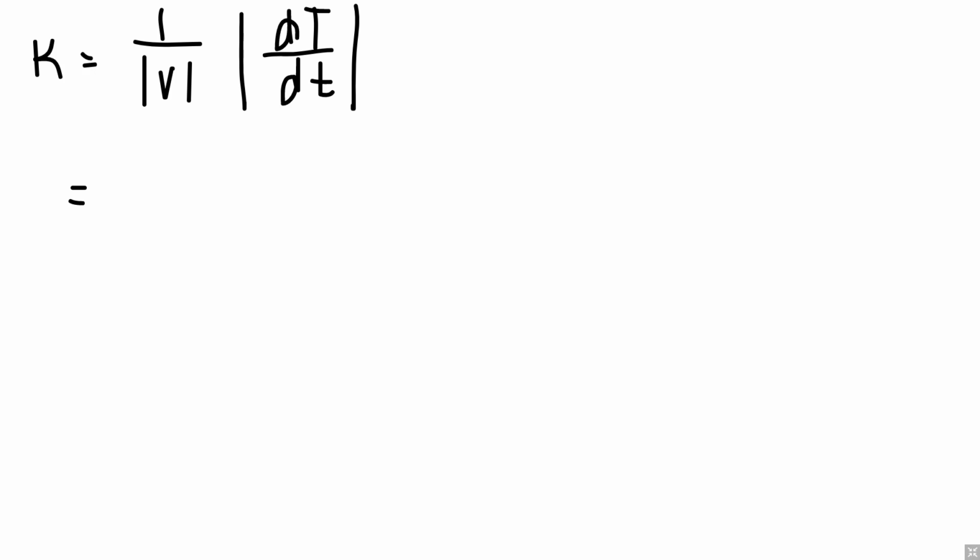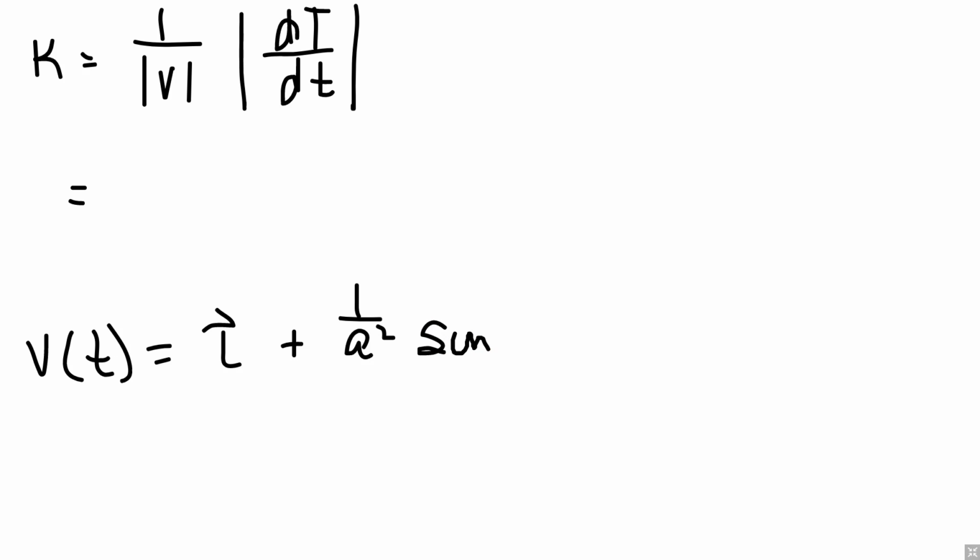Okay, so for that particular problem, for the velocity vector, you should have that v of t is equal to 1 in the i direction plus one over a squared sine hyperbolic of t over a.